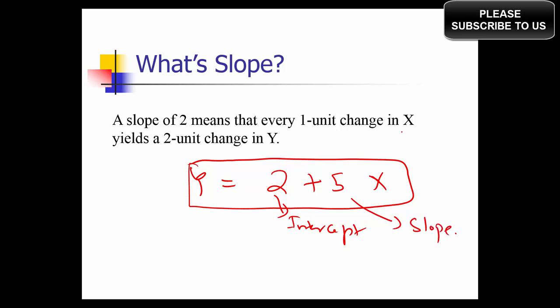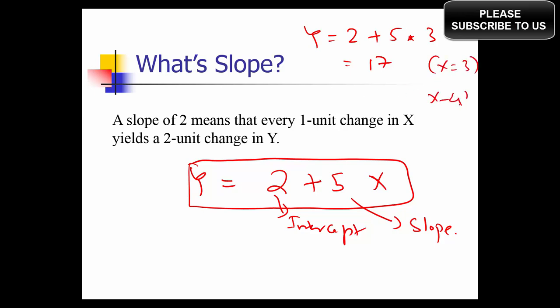If x goes up by 1 unit, what will happen to y? When x equal to 3, y is 2 plus 5 multiplied by 3, which is 17.